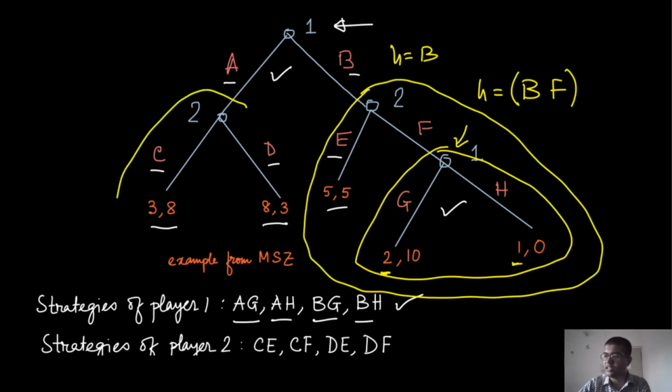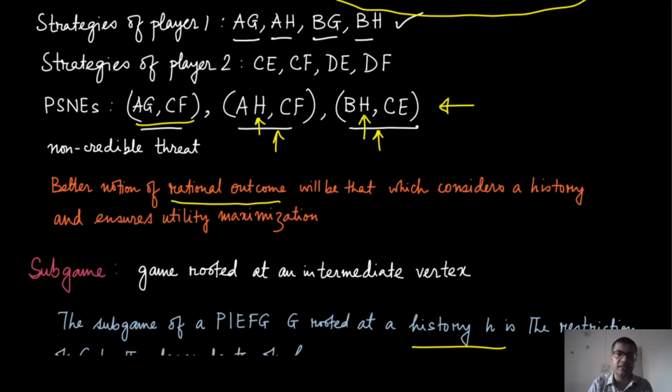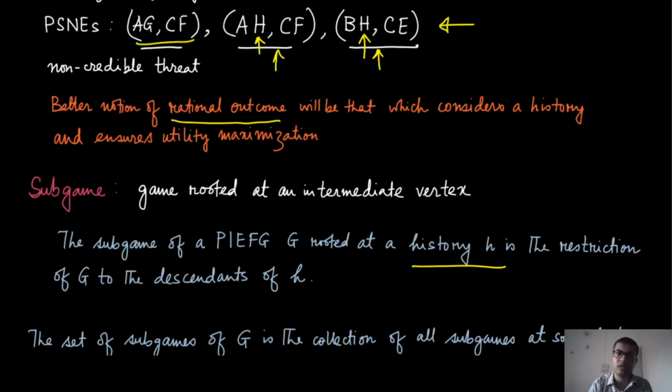Similarly, there is another subgame here, and of course the whole tree is the trivial subgame of itself. So you can define various subgames. A subgame can also be defined at the terminal nodes, but that does not really make much sense, so we'll only be considering the subgames that are rooted at non-terminal histories.